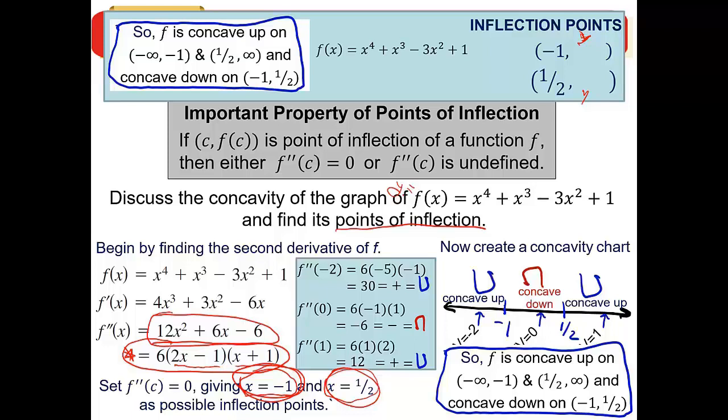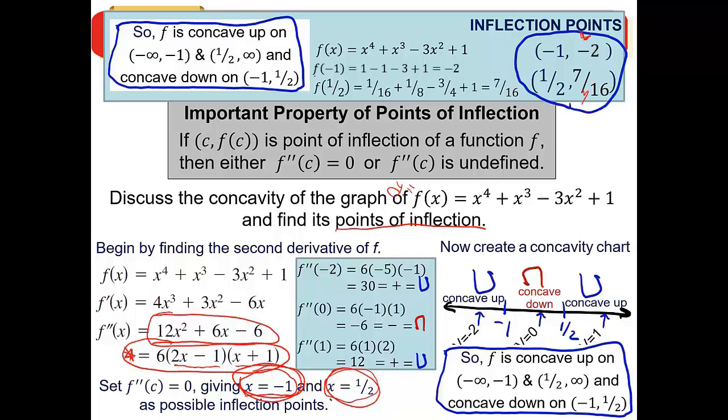Anytime you're calculating y coordinates, you go back to the original function, which tells you what y is. Again, if you plug in -1, you end up with -2. So that's the point (-1, -2). And if you plug 1/2 in and calculate, you get 7/16. So you have 2 inflection points.